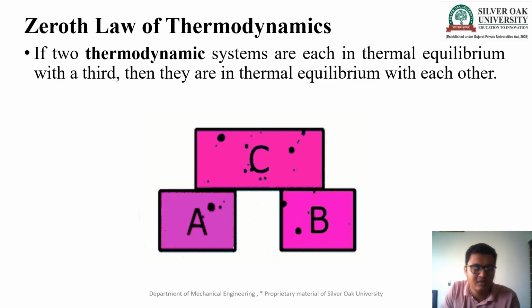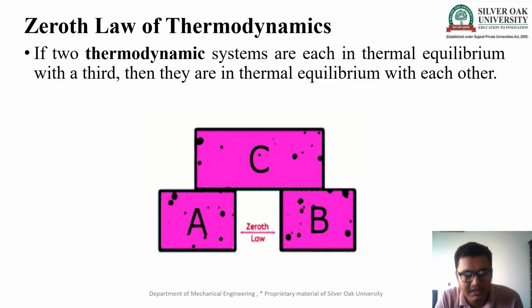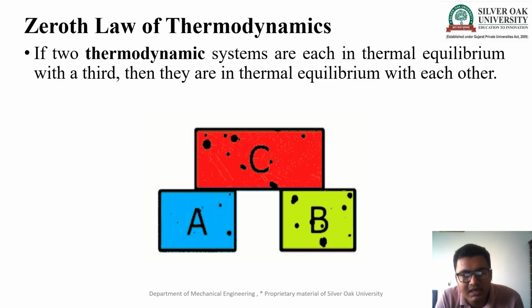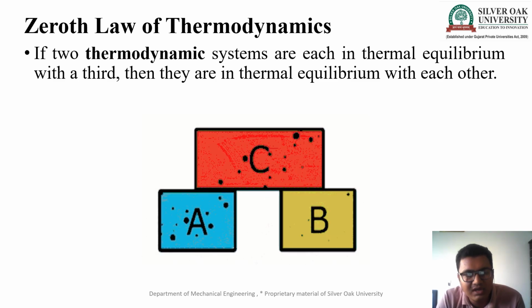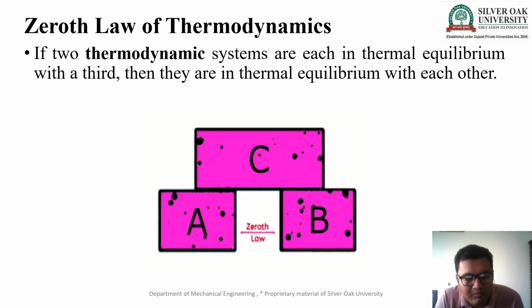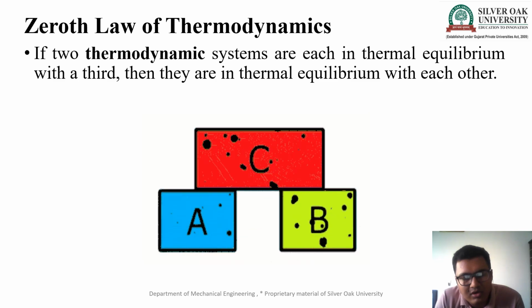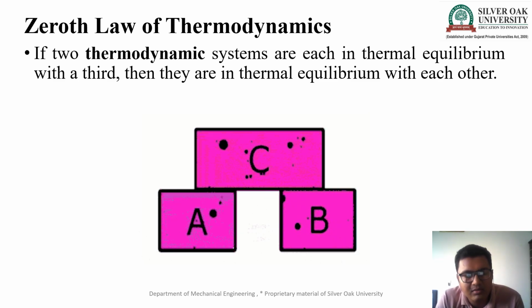You already heard about the mathematical equation: if A is equal to B, and B is equal to C, then we can say A is equal to C. The same fundamental you can apply here. If body A and body C are in thermal equilibrium with body B, then all three bodies A, B and C are in thermal equilibrium.